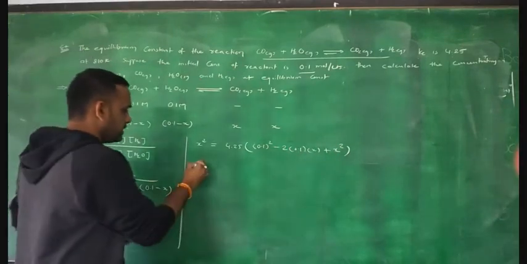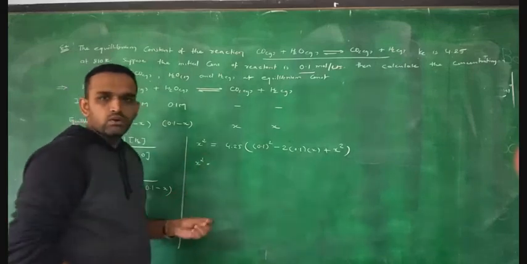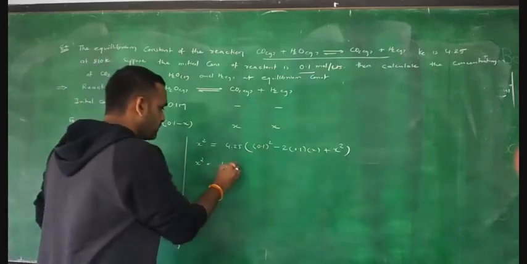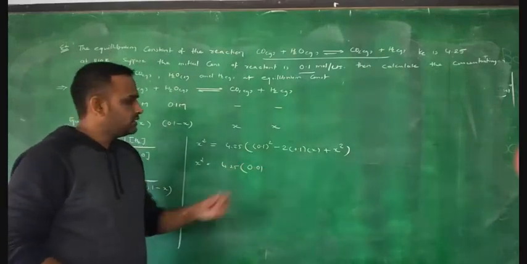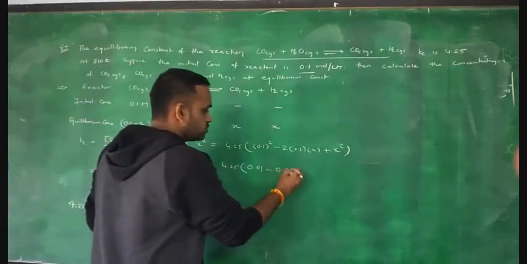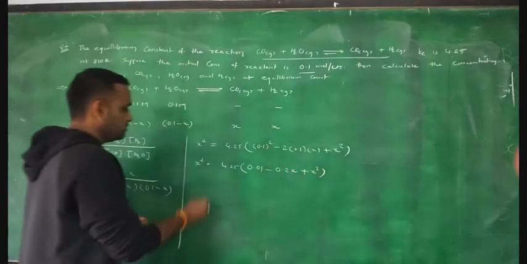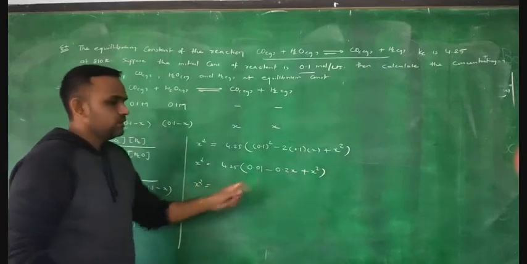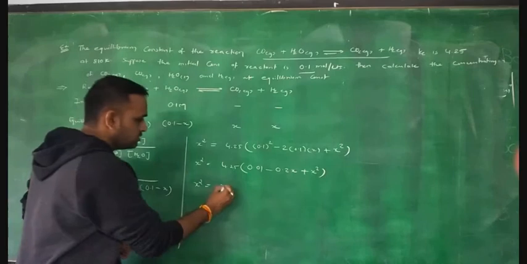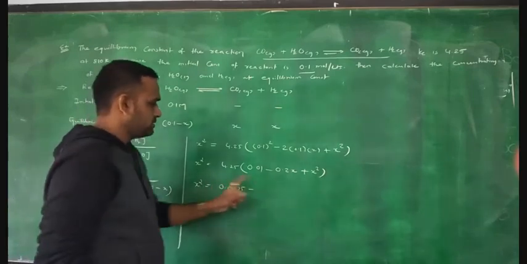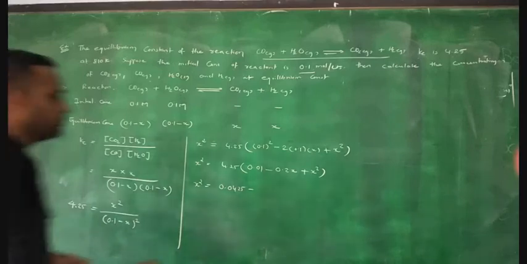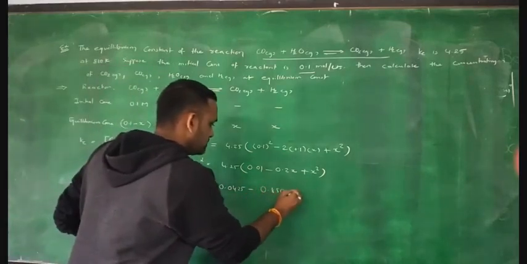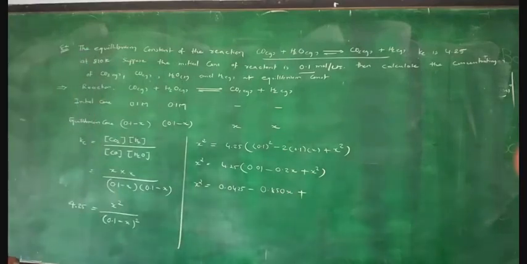Now here you will get x square equals, यहाँ पे मल्टीप्लाई होगा 4.25, ये 0.01, right or not, and this will be multiplied, so minus 0.2x plus x square. चलो x square equals इसके साथ मल्टीप्लाई करो तो 0.0425 माइनस, तो इसके साथ 4.25 मल्टीप्लाई बाय 0.2, 0.850x plus 4.25x square.